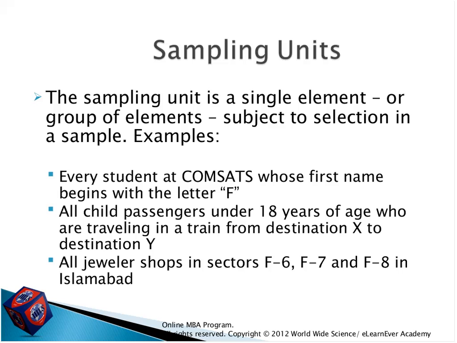Okay, so this is a sample unit. So sample unit again can be under the target population. So we narrow to the sample unit from the population to sample unit.